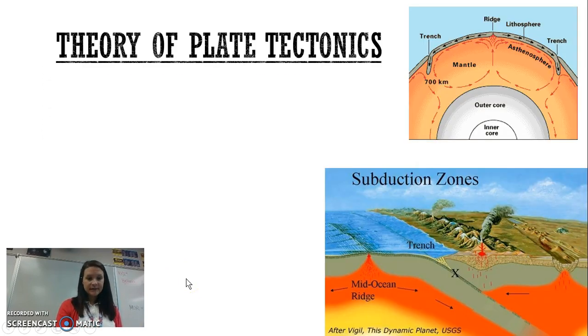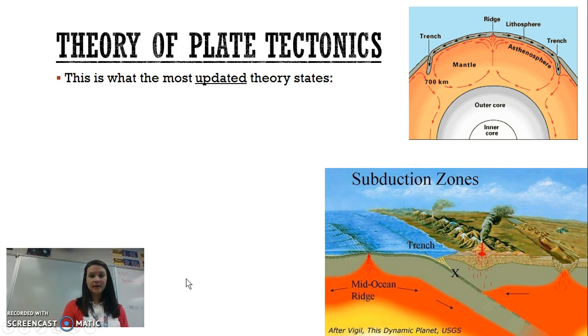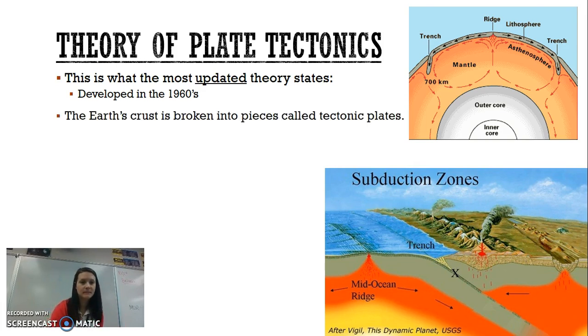So the theory of plate tectonics is the most updated theory. It was updated in the 1960s. This explains how the Earth's crust is broken up into different pieces that we call tectonic plates.